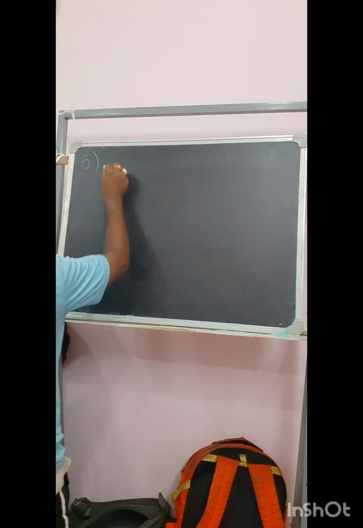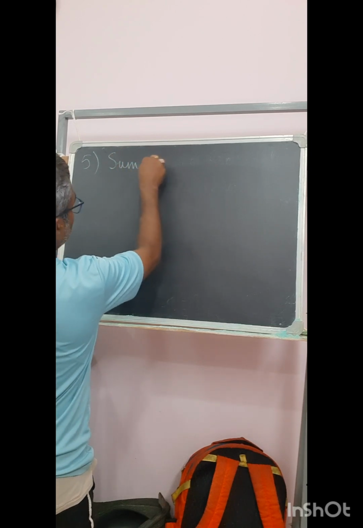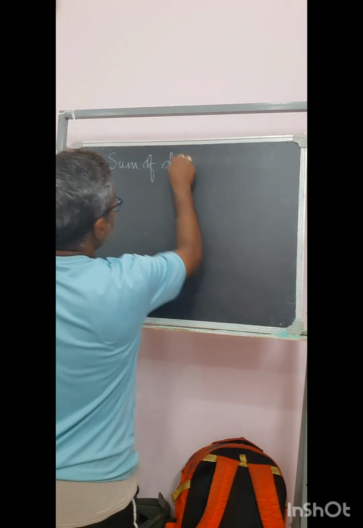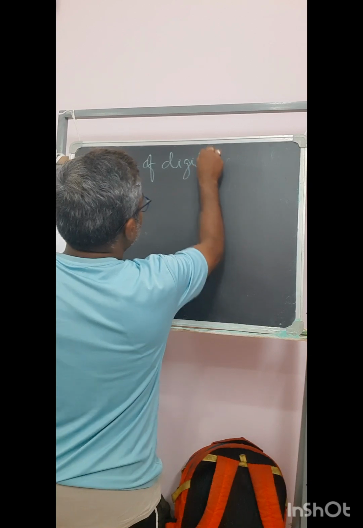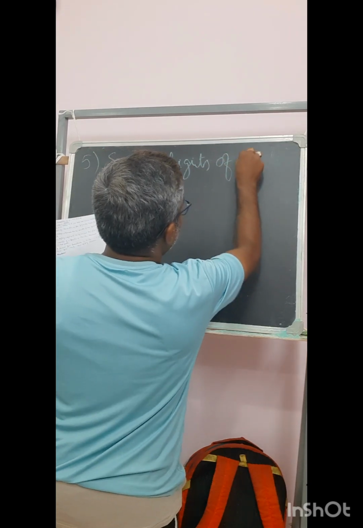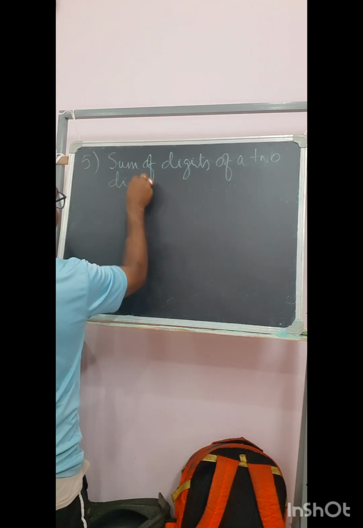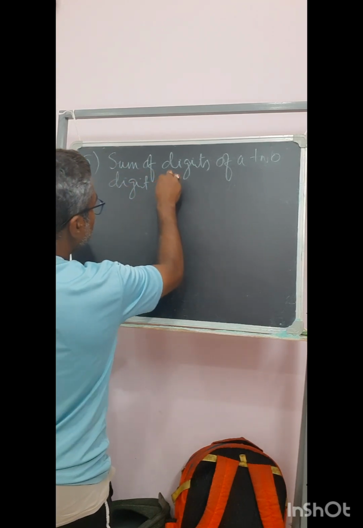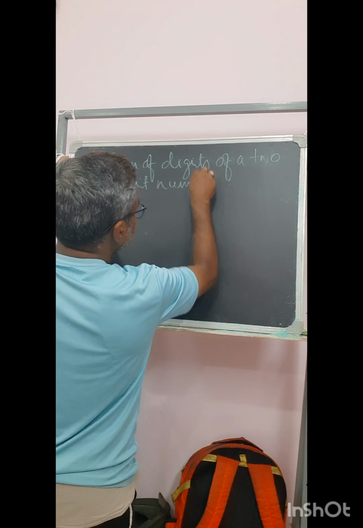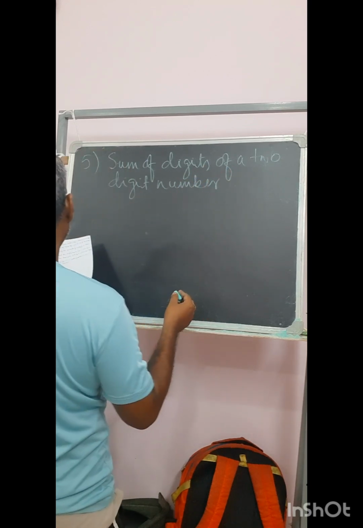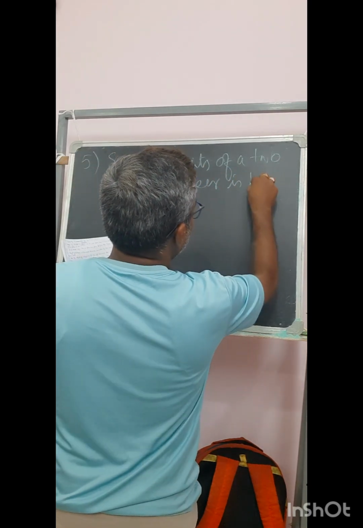Just moving to 5. The sum of digits of a 2-digit number is 12.